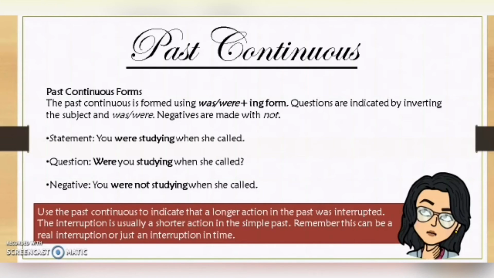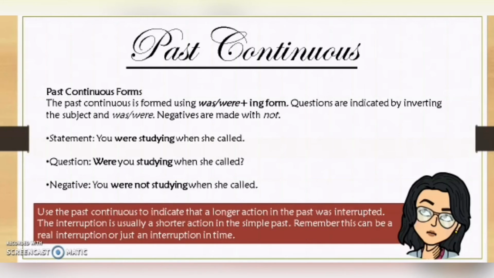Teacher, but I asked with were, why do I answer with was? Because if someone asks with you, the answer is not you, it's I, because they are asking me, okay? And I am the subject of the sentence. And in the negative form, you were not studying when she called.